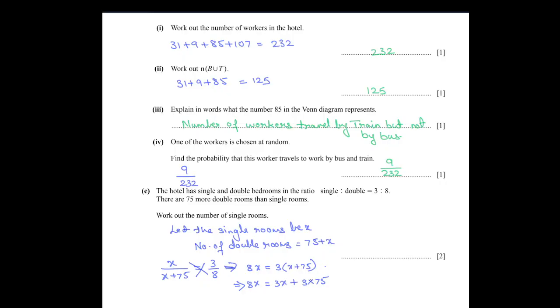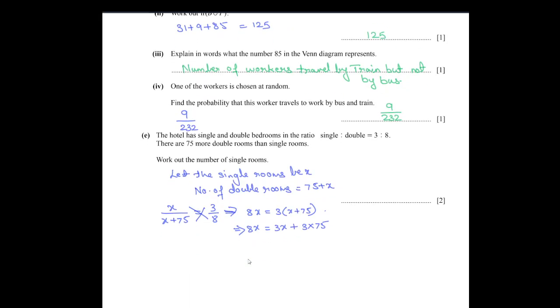Now bringing 3x to the left hand side, we have 8x minus 3x, and 3 into 75 as it is. Now 8x minus 3x is 5x. 5x is equal to 3 into 75.